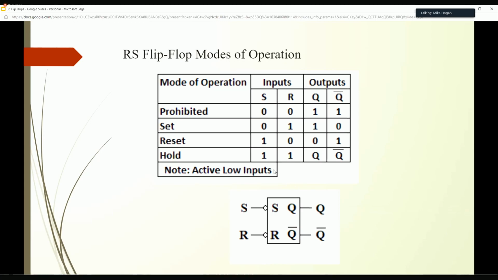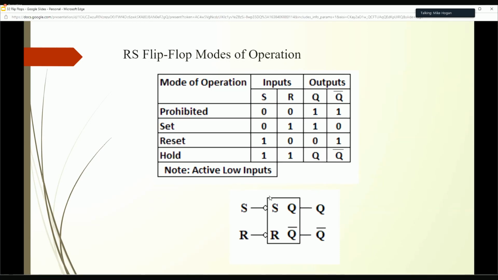I can also get a high or a 1 on S, and a 1 on R. Both of those are active low, and so therefore neither are active because I've got a 1 and a 1. All that does is basically say keep whatever you had. That's going to hold whatever the previous state was.